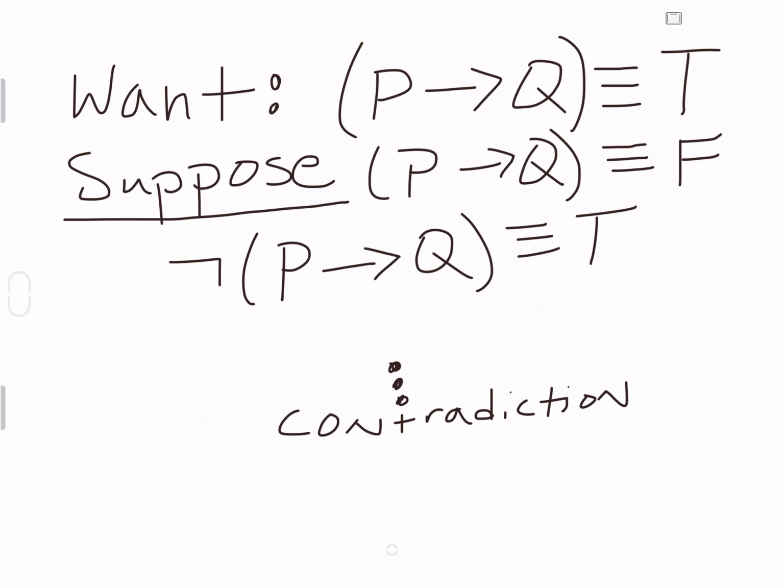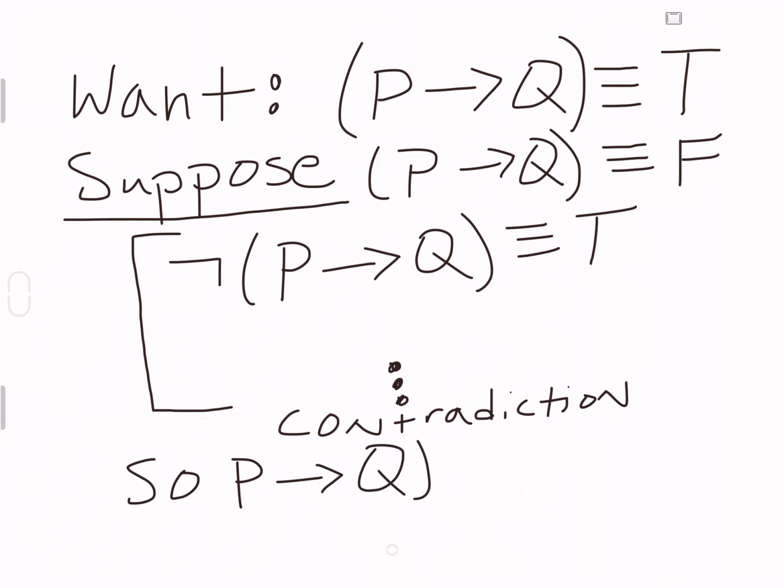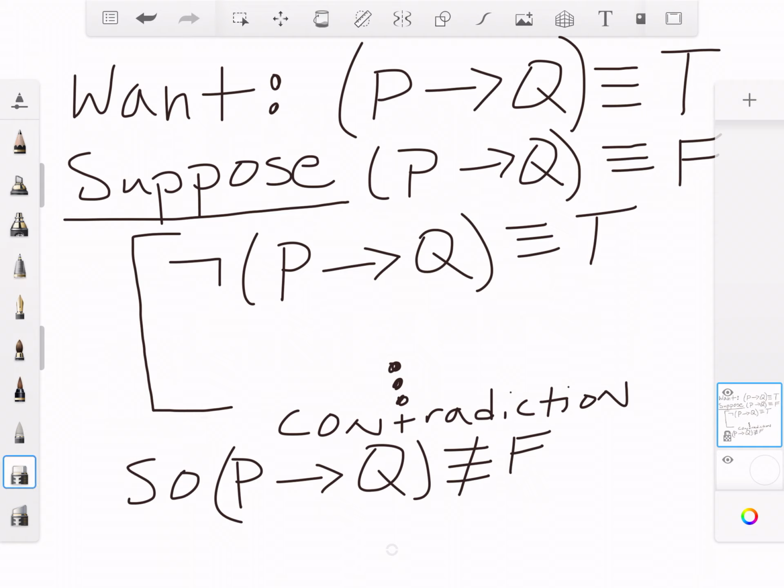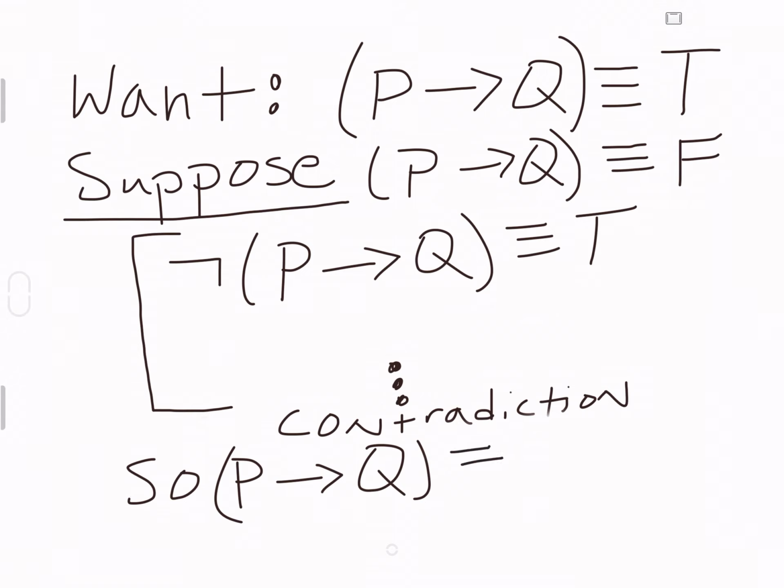So what must be incorrect is that P implies Q is false. So P implies Q is not false. So it must be that P implies Q is true.